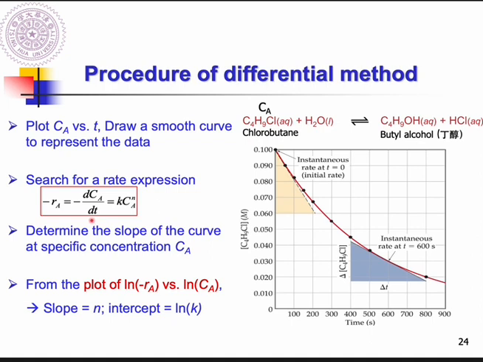So based on this dCA over dt, you have CA versus t, right? From this result, you can take the tangent at each data point, so you get the slope for each data point, and then you get the consumption rate of reactants.